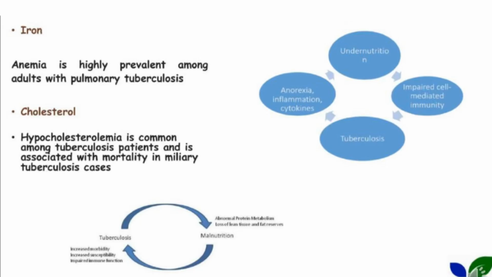Anemia is highly prevalent among adults with pulmonary tuberculosis. Cholesterol. Hypercholesterolemia is common among tuberculosis patients and is associated with mortality in miliary tuberculosis cases.